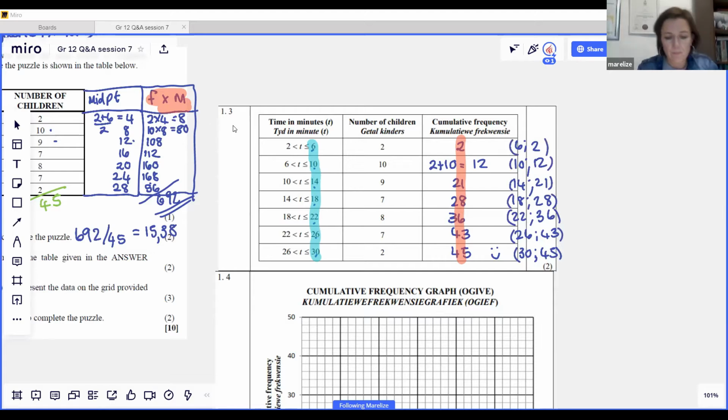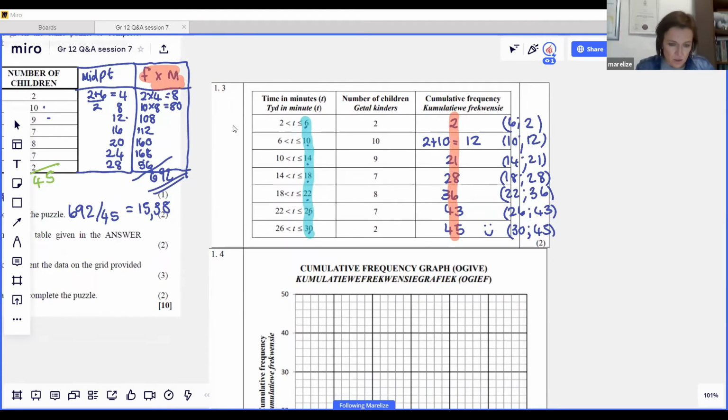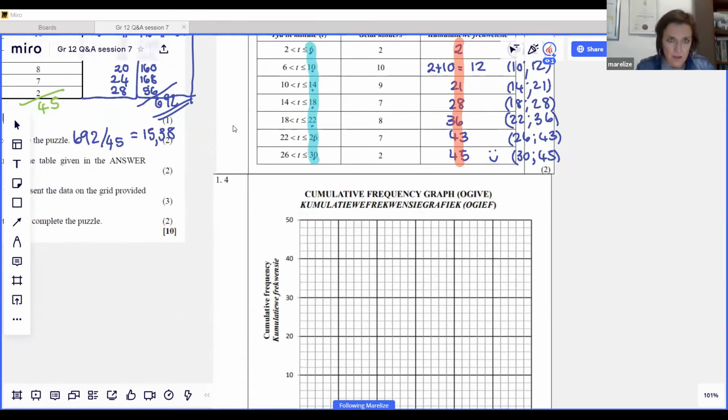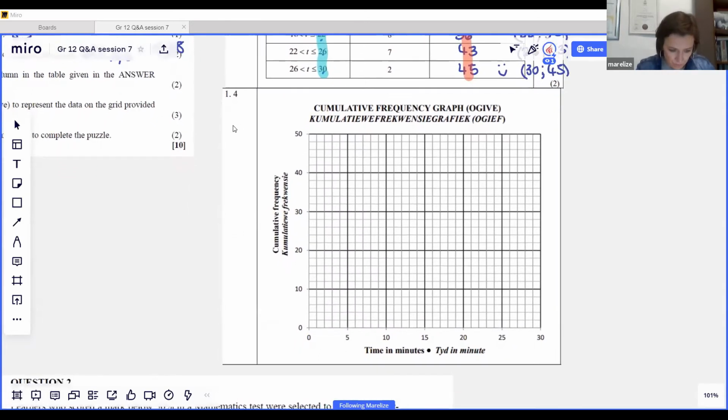Okay, so let's start with 6 and 2. So we can see here that our axes is marked off. They made it easy for us because this is 5, 6, 7, 8, 9, 10.